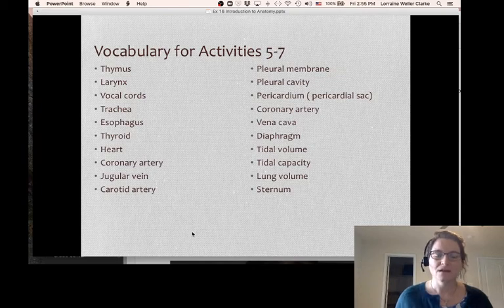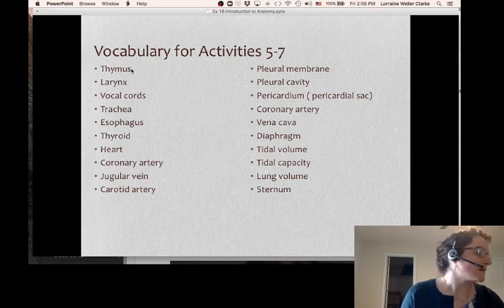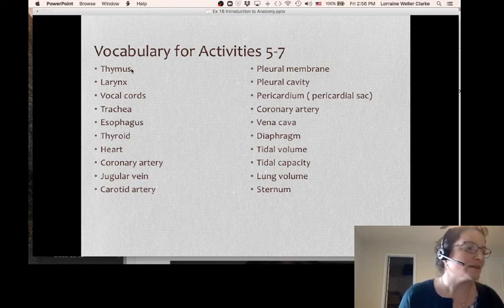All right. Make sure you understand what all these pieces do. I'm going to run through them real quick, okay? So the thymus itself, that's one of the things that's in your chest. Make sure you guys know where the thymus is, okay?